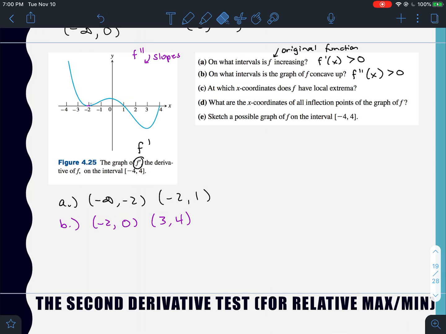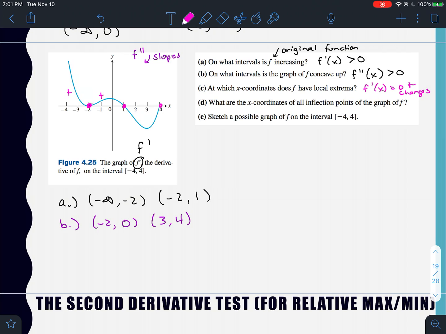All right. The next part says, when would the f function have local extrema? Well, it would have local extrema when the derivative is equal to 0 and changes signs. So where is the derivative equal to 0? Well, the derivative is equal to 0 at negative 2, 1, and 4. But the derivative also has to change signs for it to be a local extrema.